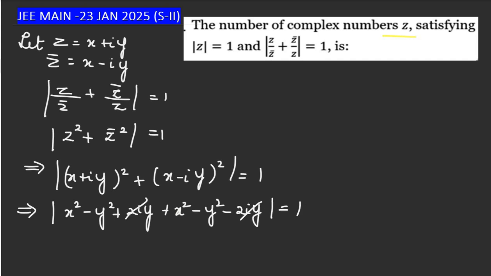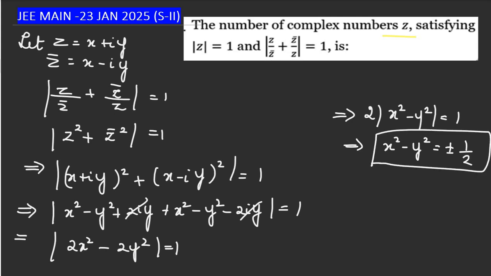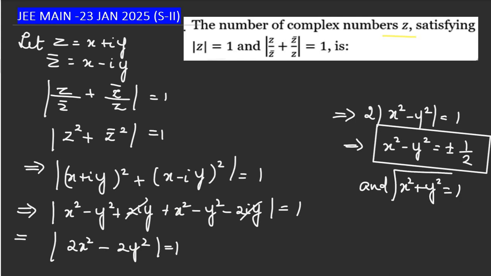Now this is equal to modulus of 2x squared minus 2y squared is equal to 1, which implies modulus of 2 into modulus of x squared minus y squared is equal to 1, so x squared minus y squared is equal to plus or minus 1 by 2 is one equation. Next we know that modulus of z is equal to 1, which implies x squared plus y squared is also equal to 1.